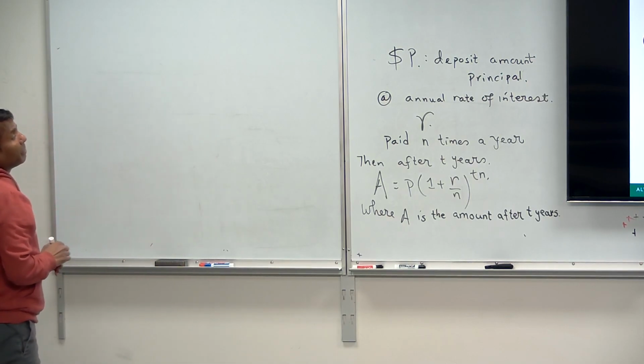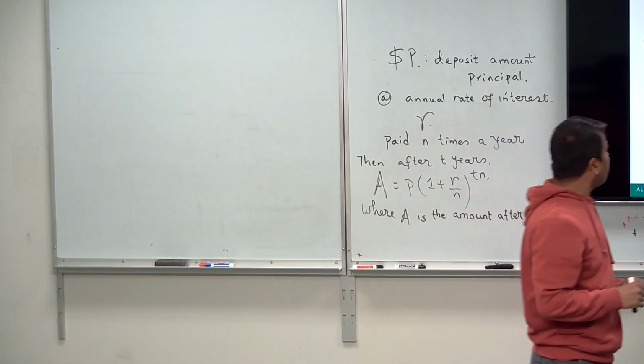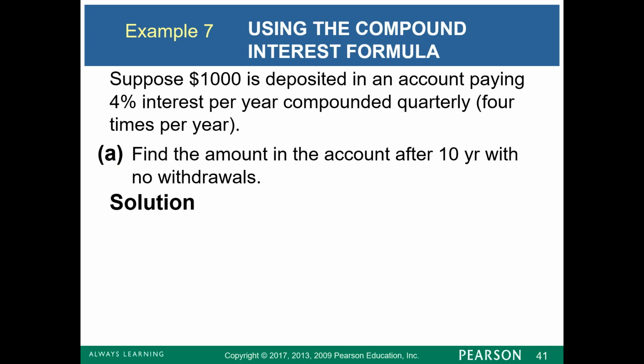Suppose $1,000 is deposited in an account paying 4% interest rate per year, compounded quarterly. Compounded quarterly means the interest is paid 4 times a year. Compounded semi-annually means it is paid 2 times a year.